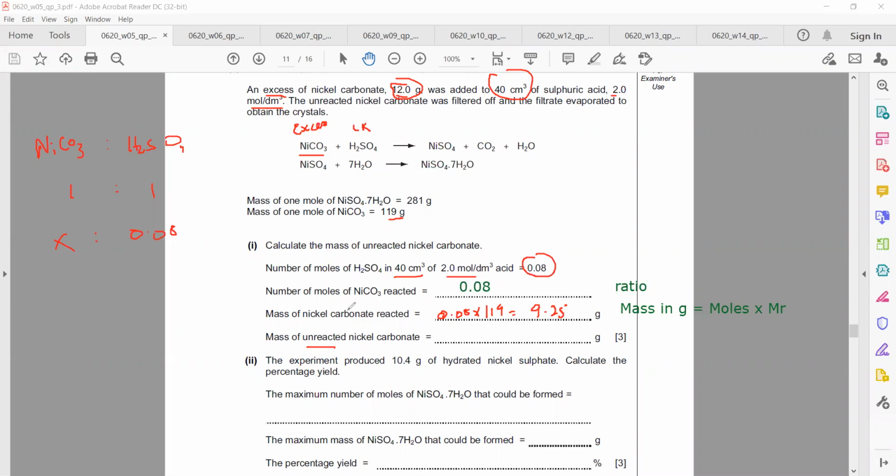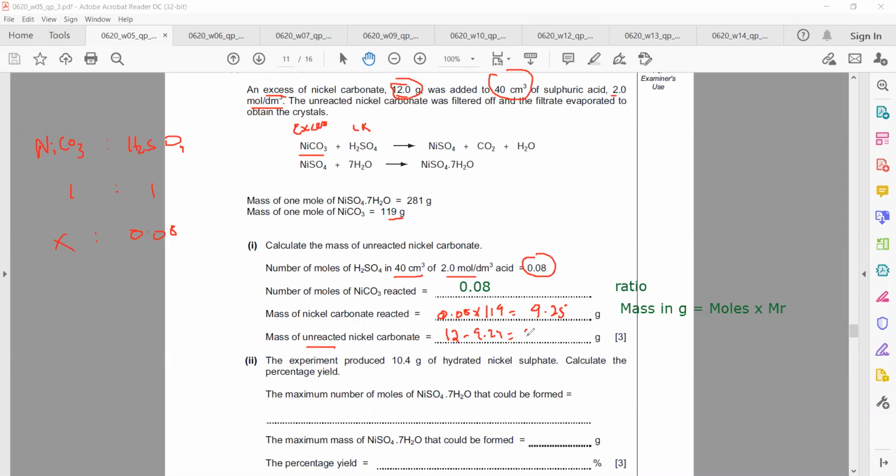Mass of unreacted. What will be the mass of unreacted if 12 gram was the total and out of 12, 9.52 is reacted? So 2.48, and basically this 2.48 is the difference of the total minus the one which is reacted.